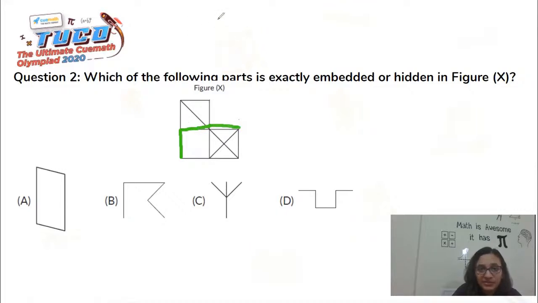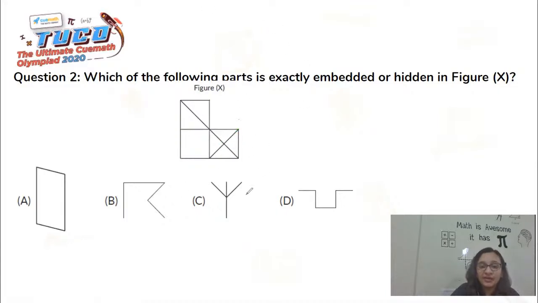Let me just go a bit straight, which is like this, and then it comes slant ways down, and then it goes slant ways forward. So it is exactly what we have traced out in our figure X. Option B is exactly the same shape. So option B can be one of the correct answers.